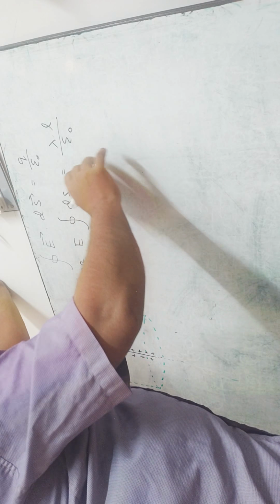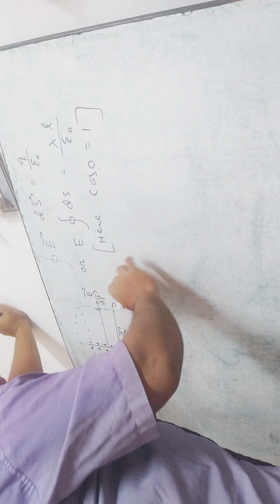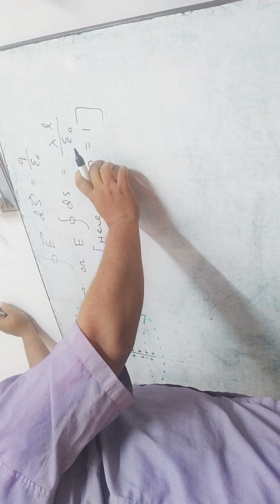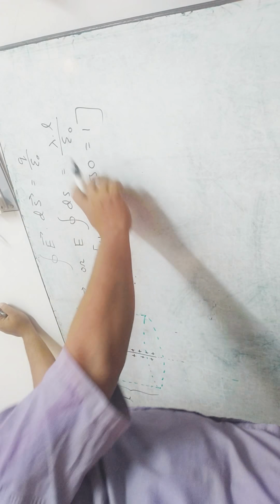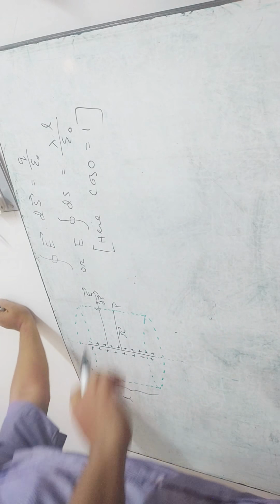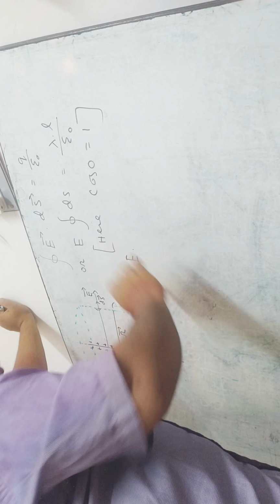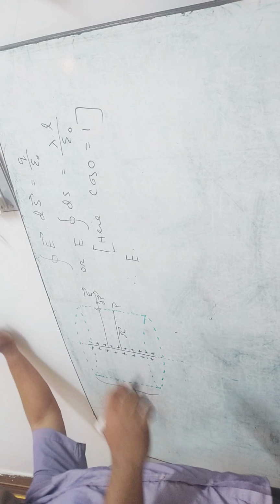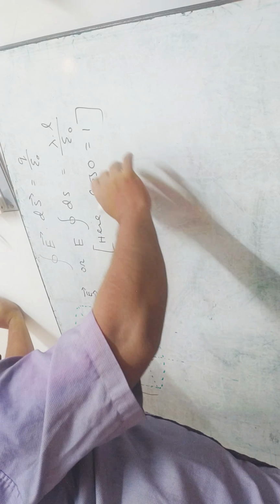Here cos 0 is equal to 1. This term cos 0 appears from the dot product, which is equal to 1. E closed integration of ds means the area of the curved surface, which is equal to 2 pi RL.